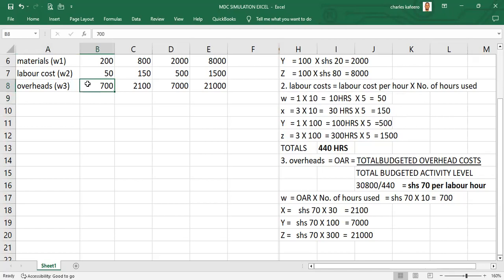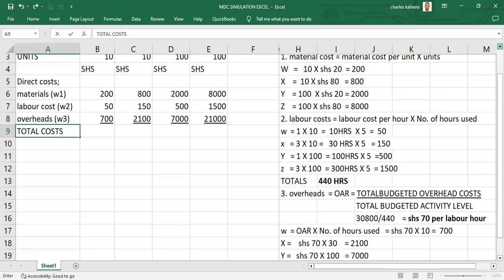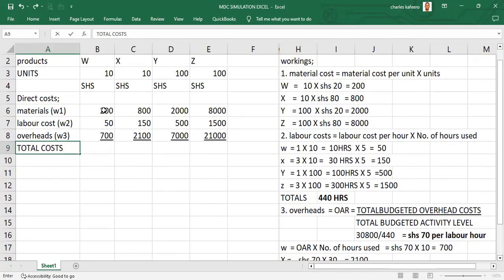So what we do here, we get the total costs. These are the whole total costs that we incurred in the production of each item. So we add all these costs up. We add from materials, from the direct costs to the overheads that we incurred.